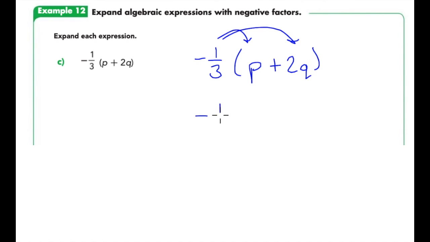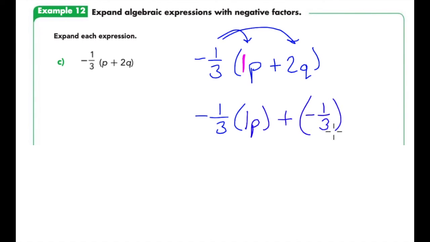So we're left with a negative 1/3 times p. And again, when a variable is by itself, there's actually a number 1 in front of it. So I'm going to write that as 1p, so I know what I'm multiplying my third by, plus a negative third times 2q.